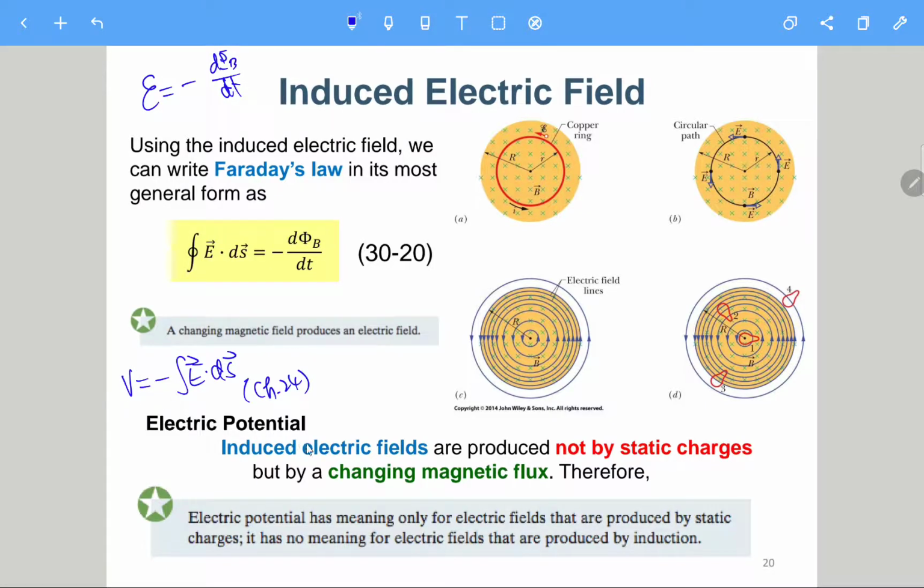Suppose you go from a point around a path and come back to it, then you integrate the E field over this path, no matter what the path looks like, this integration should always be zero. However, here this is not zero anymore.